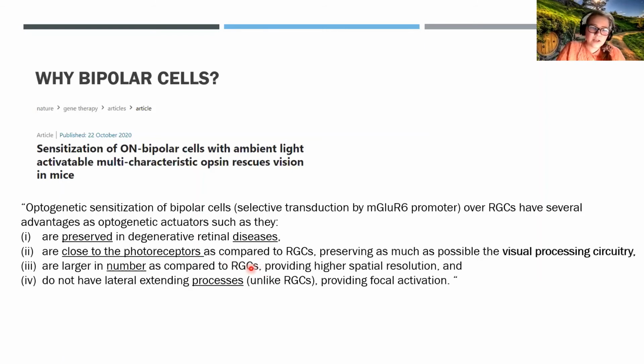This is similar to why we talk more about rods than cones, because rods are more prevalent in the eye than cones. And also bipolar cells do not have lateral extending processes that provide focal activation.